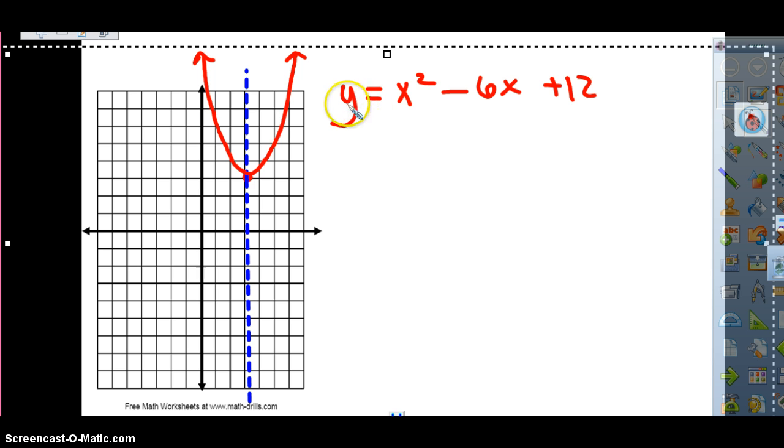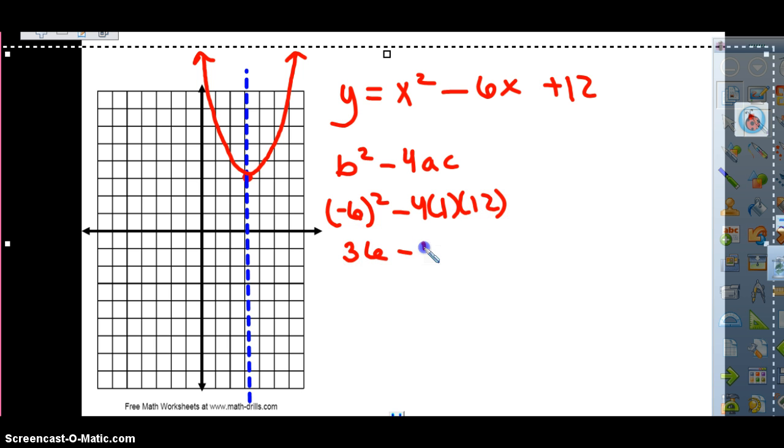So how many solutions does y equal x squared minus 6x plus 12 have? 0. Now if we use the discriminant here, b squared minus 4ac, we get negative 6 squared minus 4 times 1 times 12, 36 minus 48, and that equals negative 12.